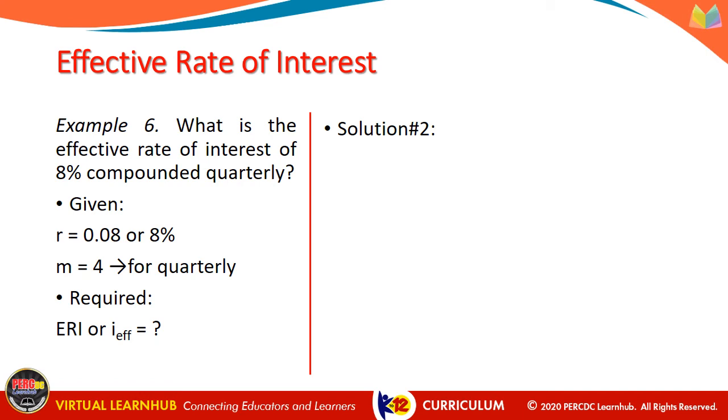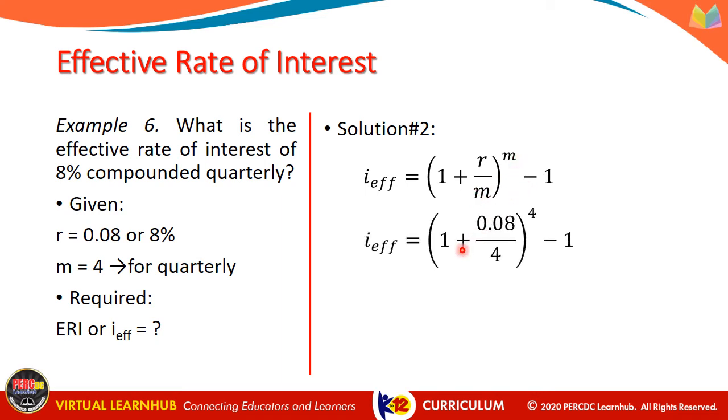This problem can be easily solved by simply substituting the given to the equation: effective rate of interest is equal to (1 plus r over m) raised to m, minus 1. Let's substitute the given. Effective rate of interest is equal to (1 plus 0.08 over 4) raised to 4, minus 1.